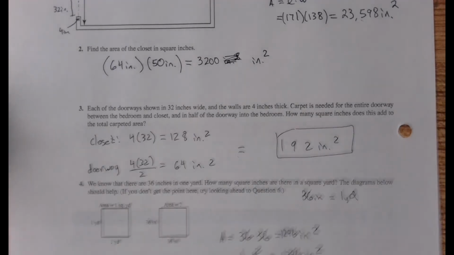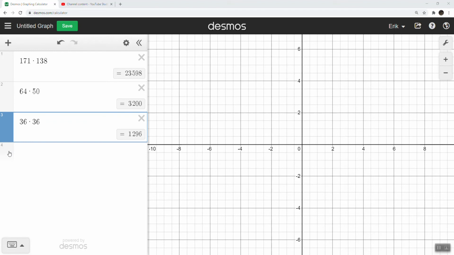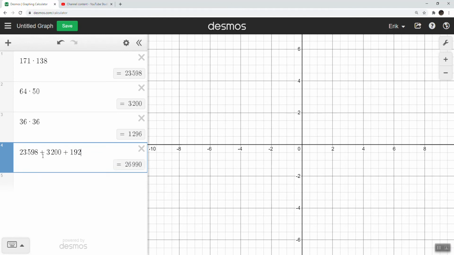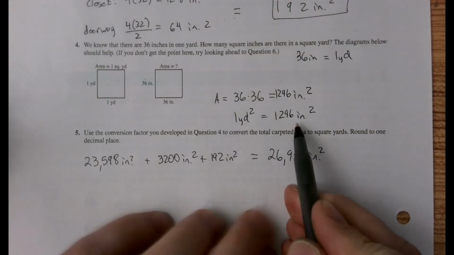That's going to be the total area that we need to then convert into, sorry, not cubic yards, square yards. So 23,598 plus 3,200 plus 192, we get 26,990 inches squared.